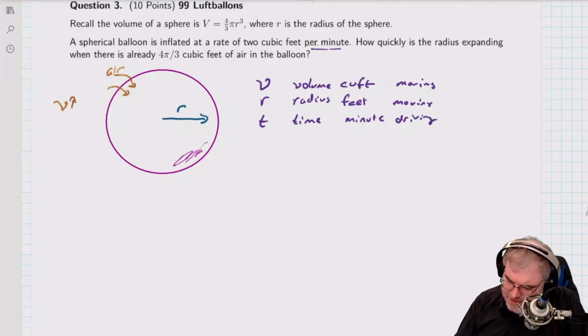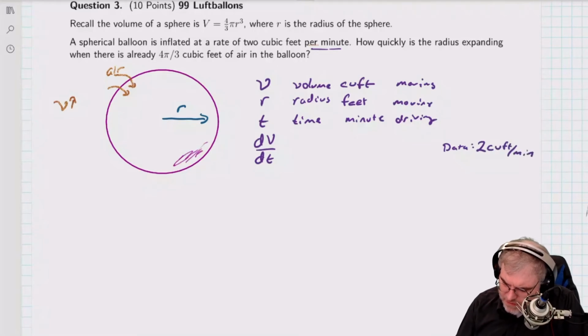We've got dV over dt, and we've got some data on it: 2 cubic feet per minute. This is the change in volume.